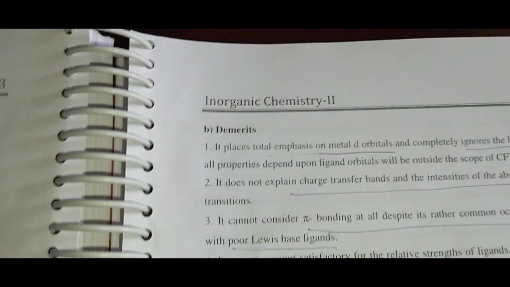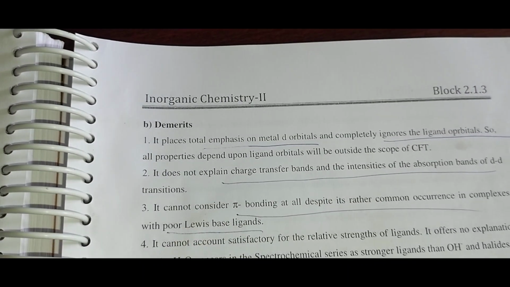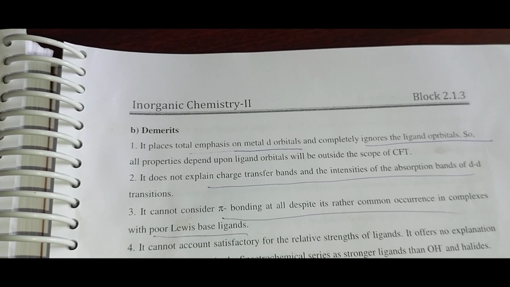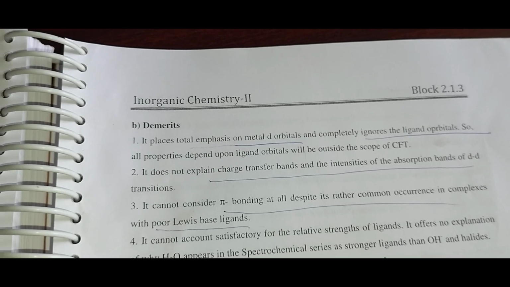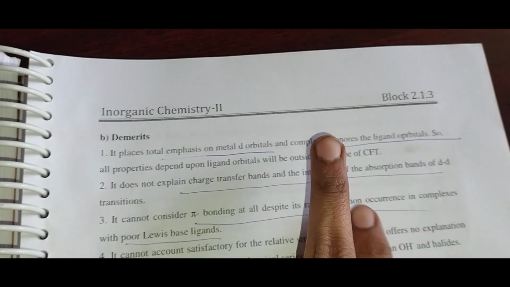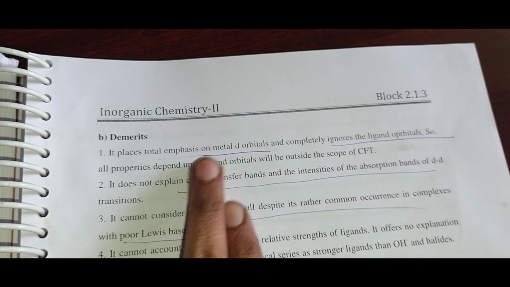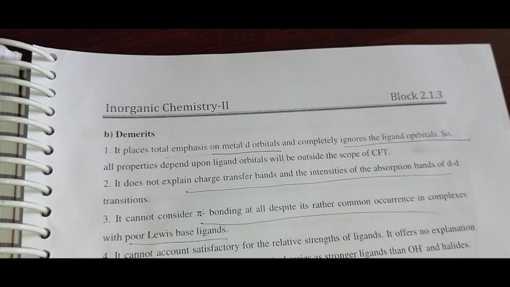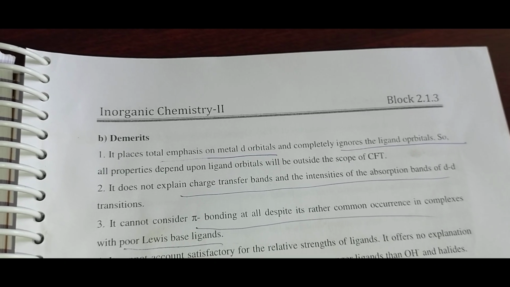When we see the demerits, it always gives importance to metal d orbitals, and it does not consider the ligand orbitals. It ignores the ligand orbitals. It only places emphasis on metal d orbitals. So all the properties that depend upon ligand orbitals will be outside the scope.